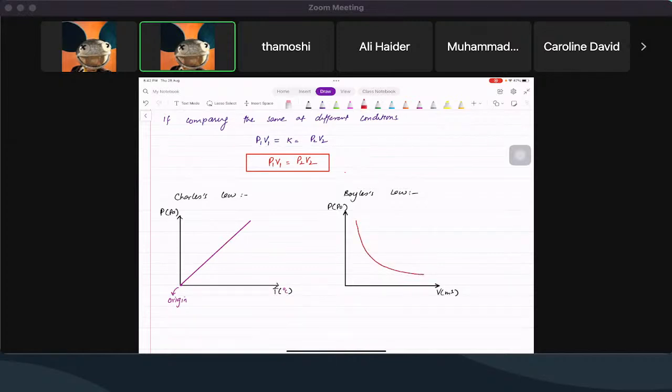Is it clear, everybody? This is direct proportion and this is inverse proportion, and for all these proportions basically this is the same thing. Any questions?